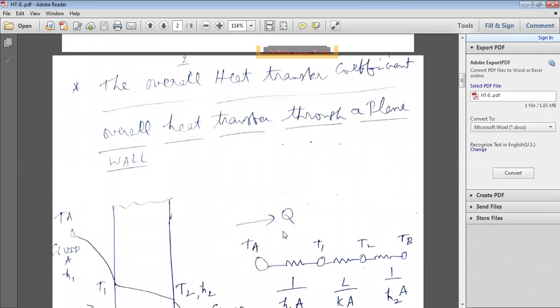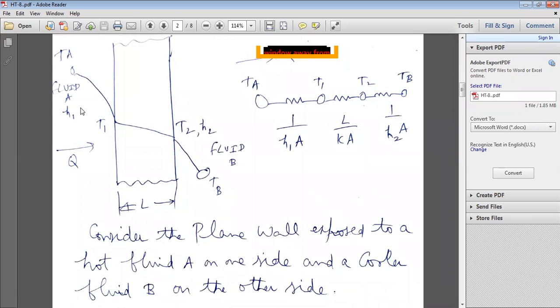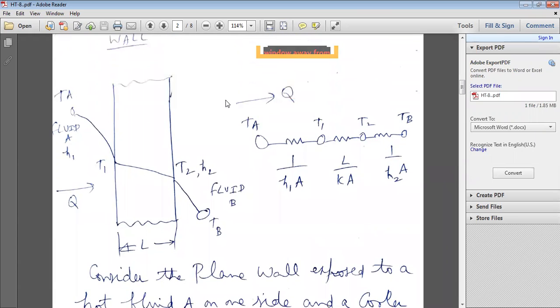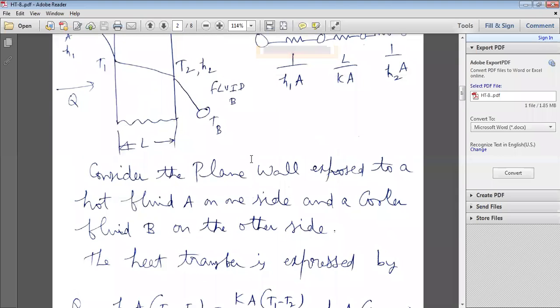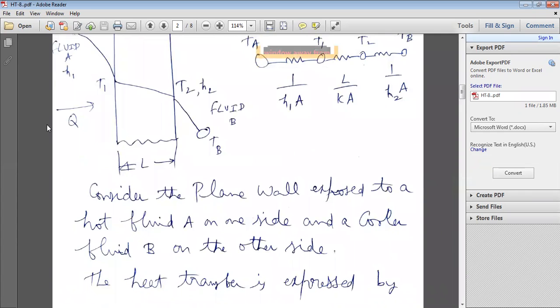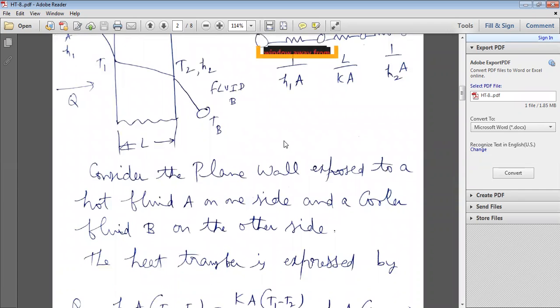How do you calculate the overall heat transfer coefficient? That is very important. We are combining convection 1, conduction, and convection 2, that is, convection and conduction heat transfer. How do you calculate the heat transfer rate Q? Consider the plane wall exposed to a hot fluid A on one side and a colder fluid B on the other side.